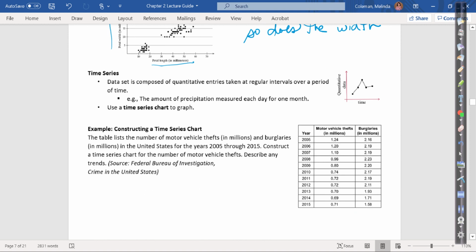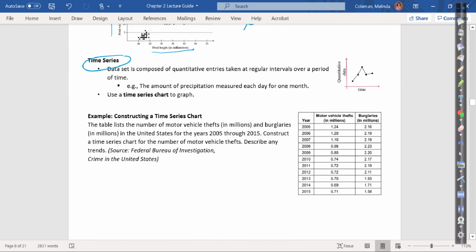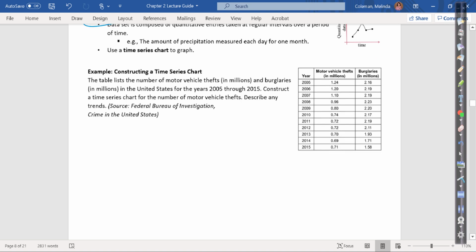All right, time series data sets. It's composed of quantitative entries taken at regular intervals over a period of time. So again, time series. As time develops, what happens? A lot of times you will see this when we're talking about years. So we can compare data as it increases or decreases over years or over time.